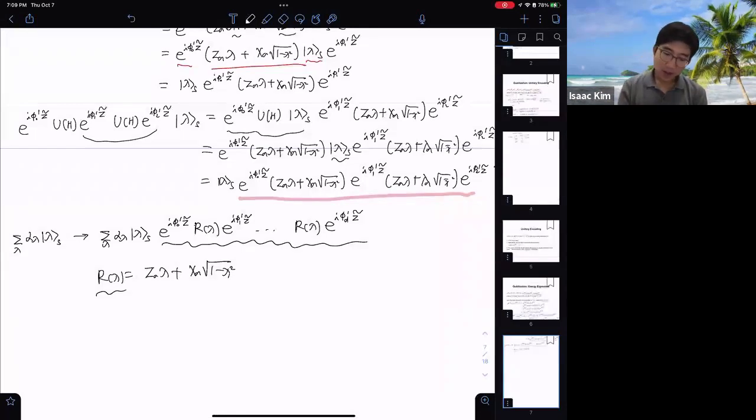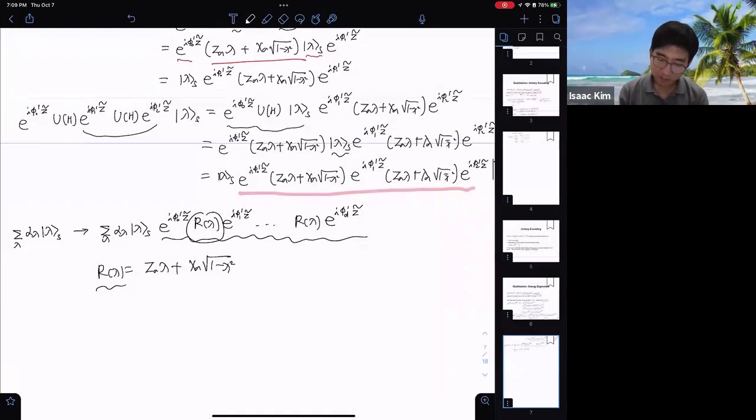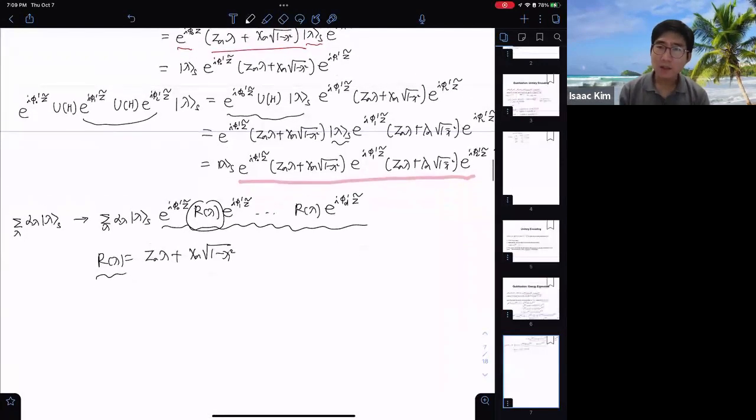And the cool thing here is that this angle lambda, this fixed operation, depends on the energy lambda. Okay. So, are there any questions so far?